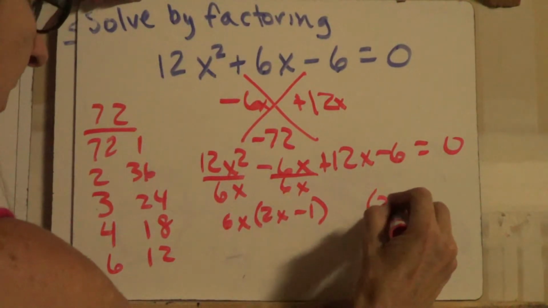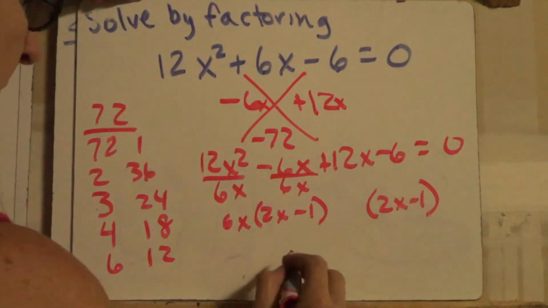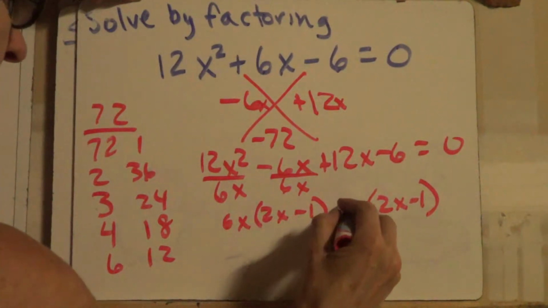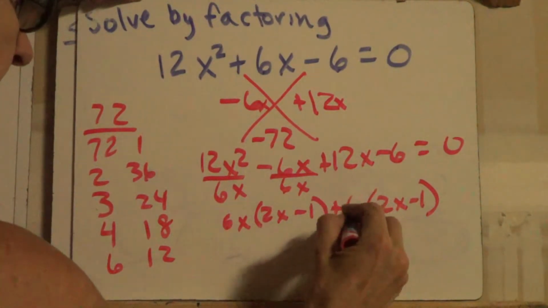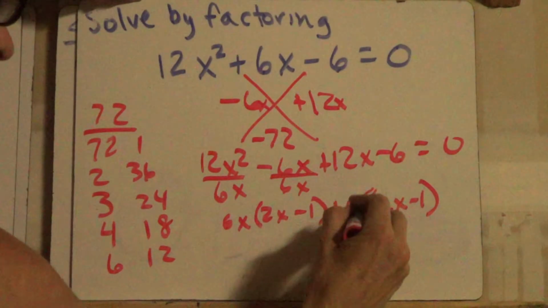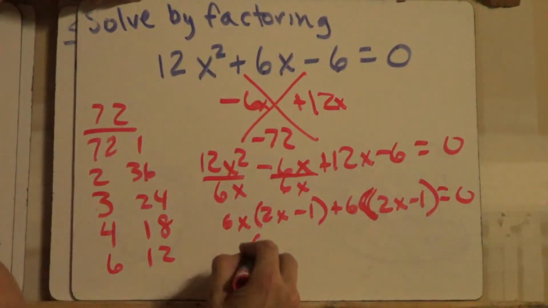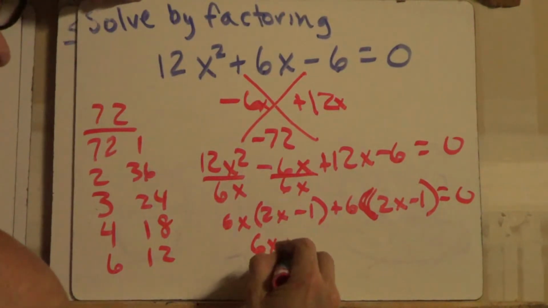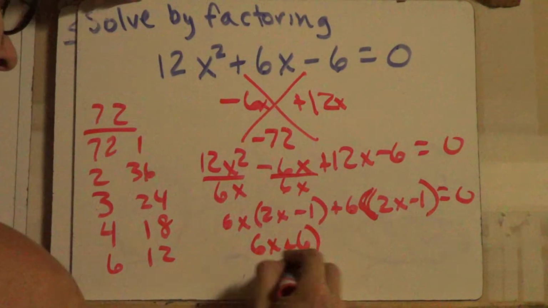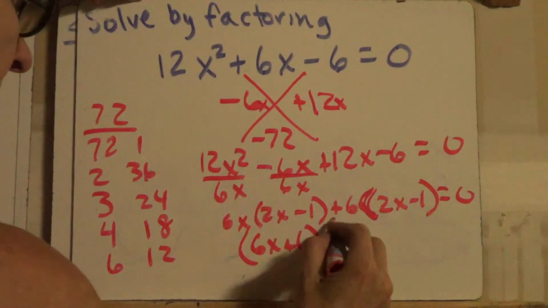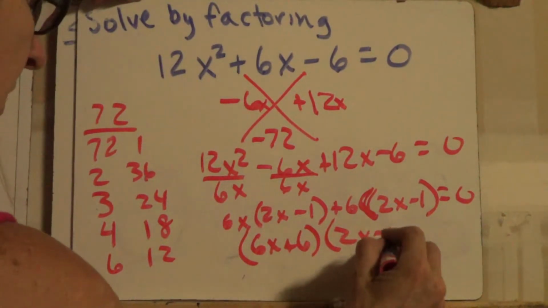Put our 2x minus 1 over here. And we can factor out a 6. No, x, sorry. So we have 6x plus 6, that's what's left, and 2x minus 1.